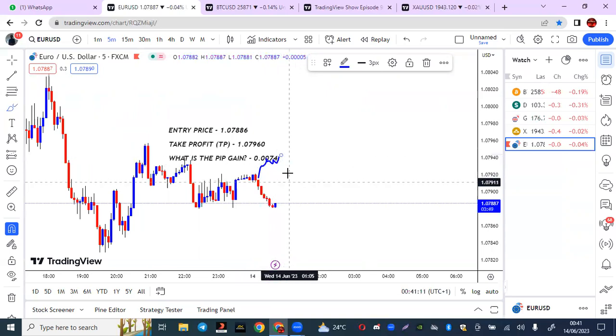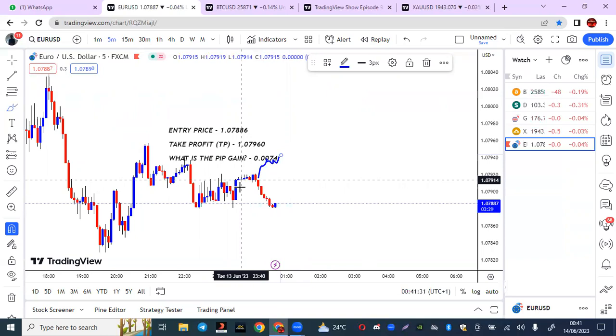Put the decimal point here, and the whole number in front of the decimal is now your pip. So the pip gain is going to be 74. If you don't understand, I can take it again. You can let me know.